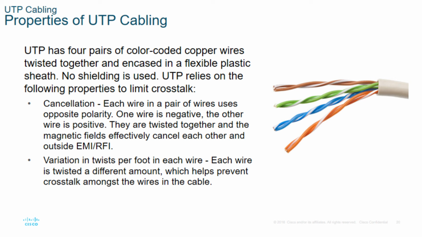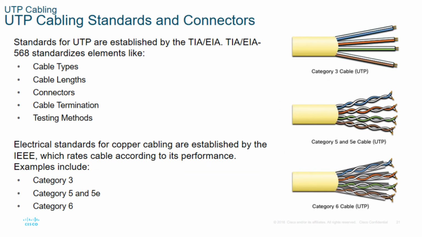One is cancellation, and number two is varying the number of twists per wire pair. So UTP cable relies solely on the cancellation effect produced by the twisted wire pairs to limit signal degradation and provide self-shielding for wire pairs within the network media.